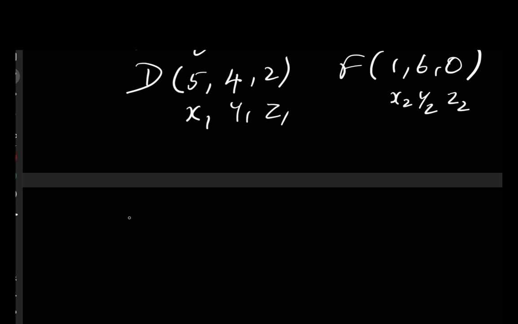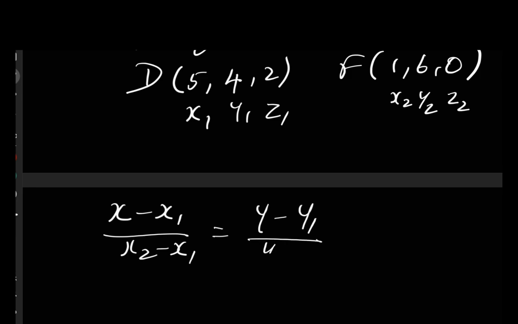The Cartesian form is (x minus x1) by (x2 minus x1) equals (y minus y1) by (y2 minus y1) equals (z minus z1) by (z2 minus z1).